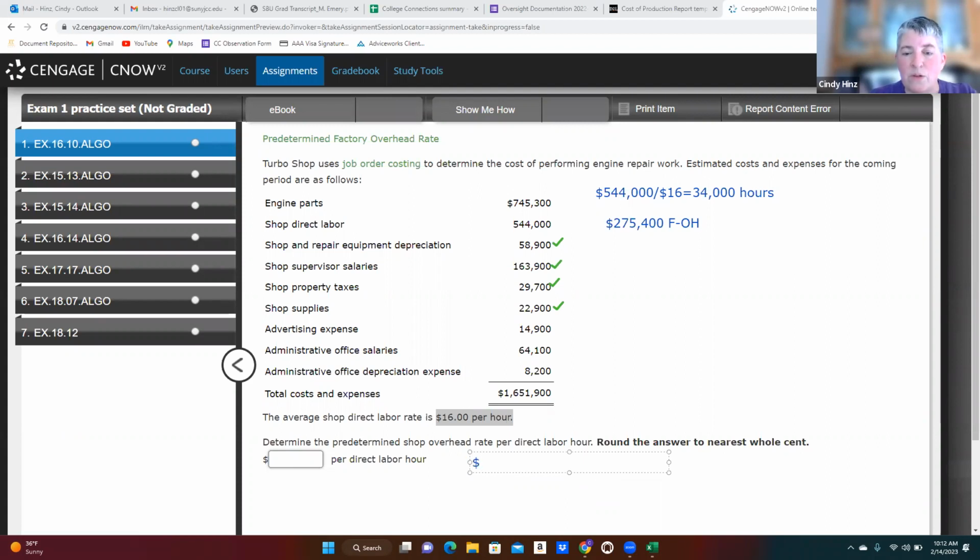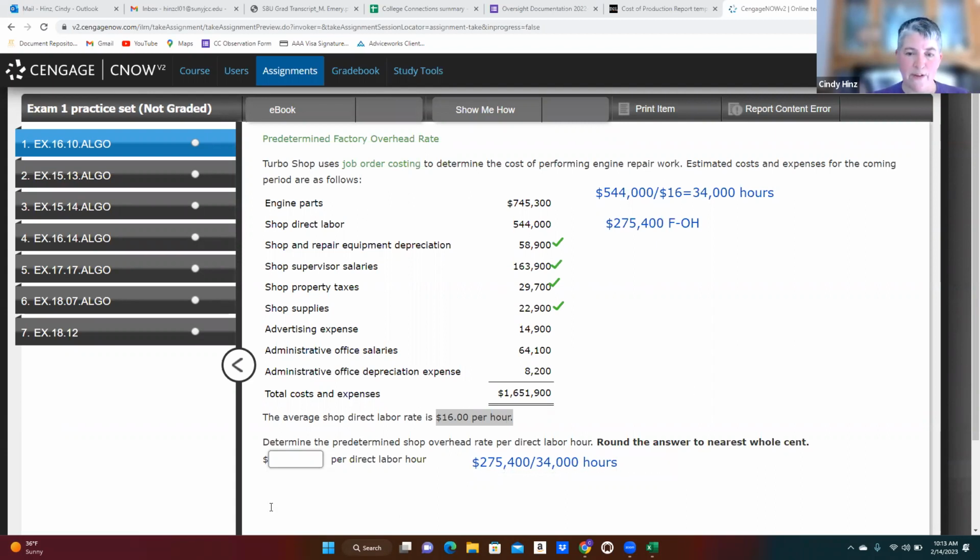So because we're using direct labor hours as our allocation base, we take the total overhead cost, $275,400, and divide by the expected level of the cost driver, and that's 34,000 direct labor hours.